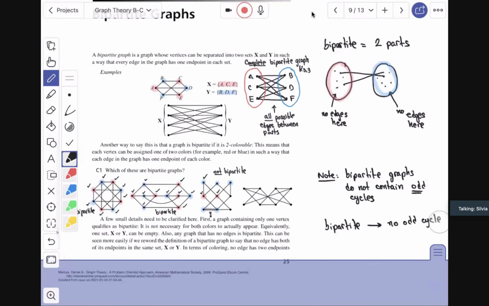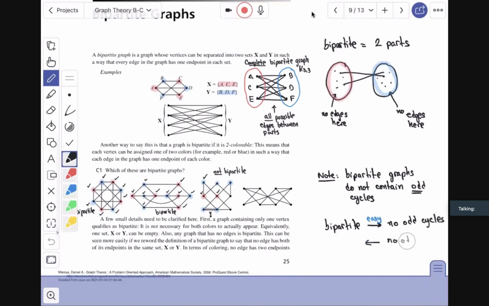It's easy to understand. Well, I just explained it. But no odd cycles implies bipartite. So if you have a graph and you make sure that it doesn't have odd cycles, does that mean that it is bipartite? It is true. It's a little harder to see, but it is true.